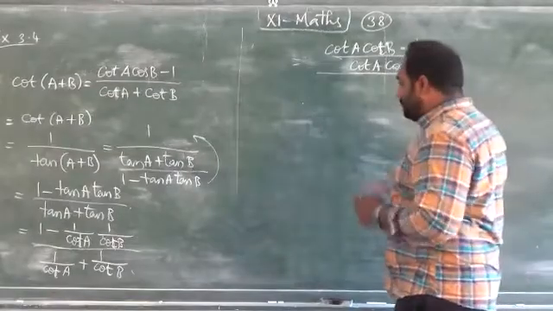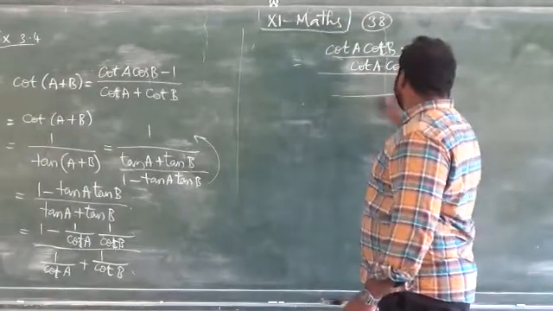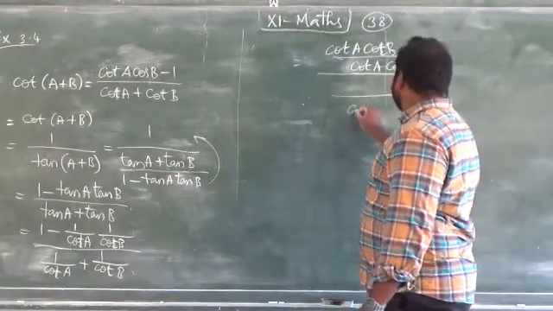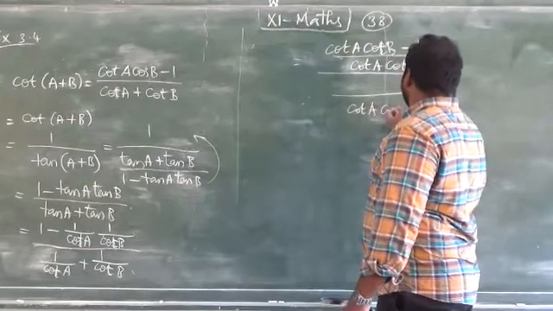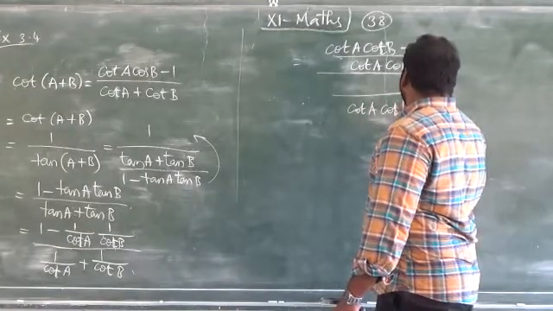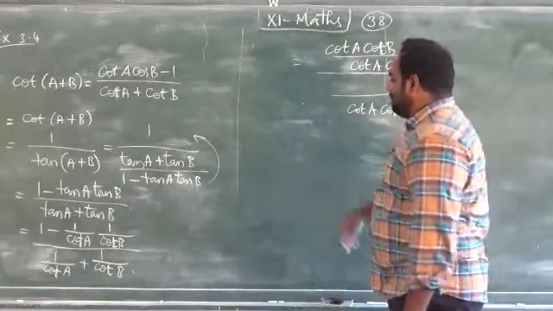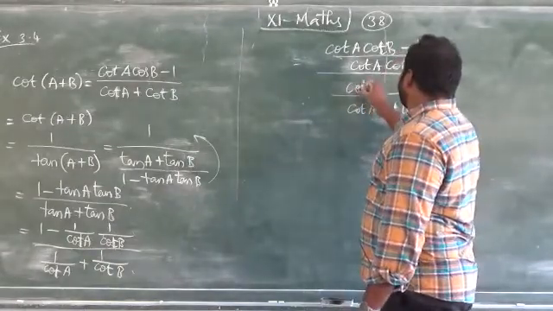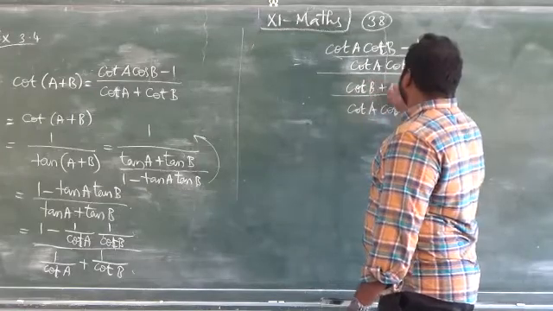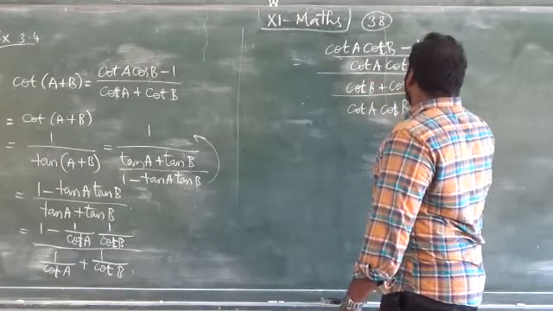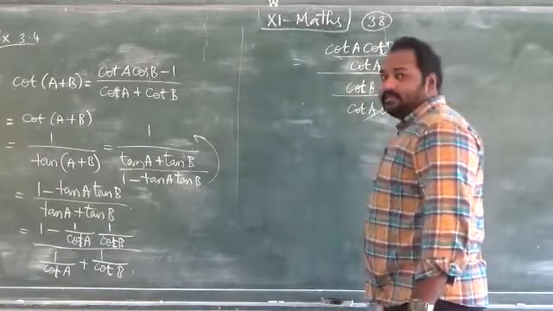In the denominator we have the common denominator cot A cot B. Just cross multiply: cot B plus cot A. So the denominators can be cancelled.